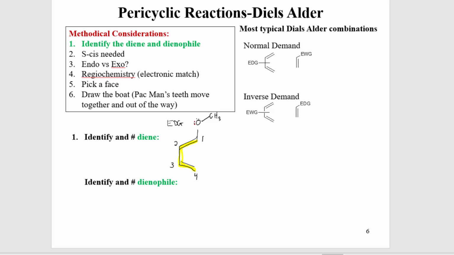Let me draw a very common dienophile. Here's a pretty common dienophile. Let's label it 5 and 6. All we're doing is numbering the 6 carbons that are ultimately going to be part of the 6-membered ring.